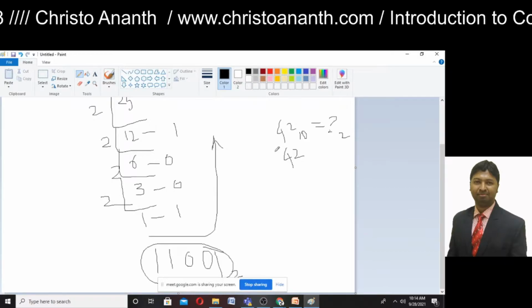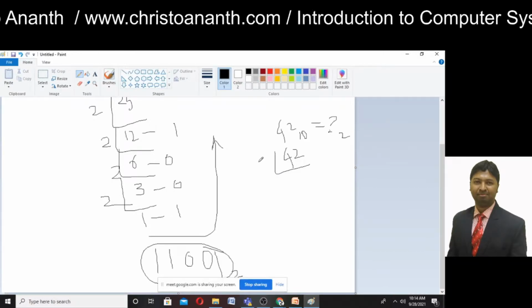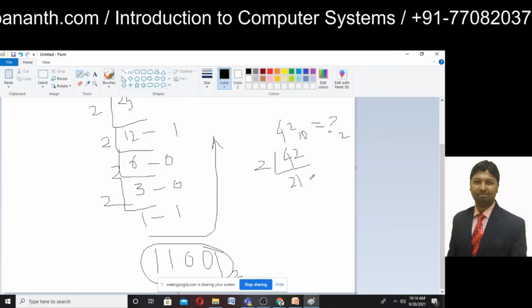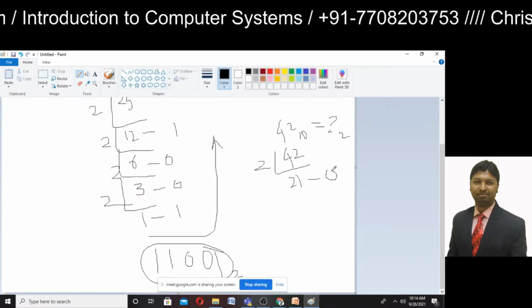42, how do you divide it? We divide by 2 and get 21. The remainder is 0.